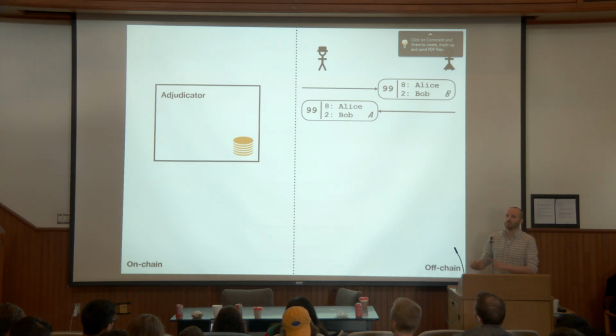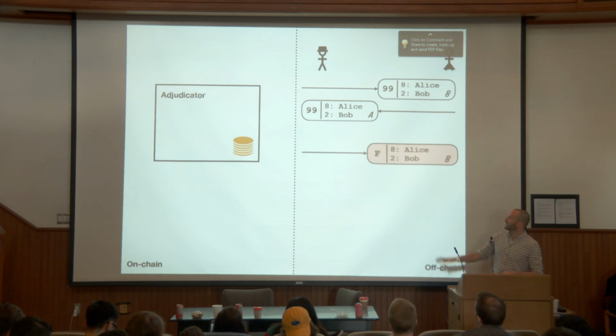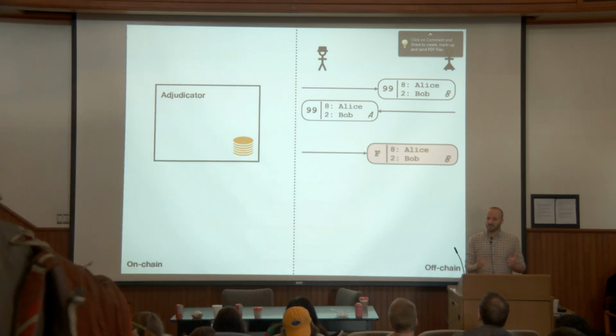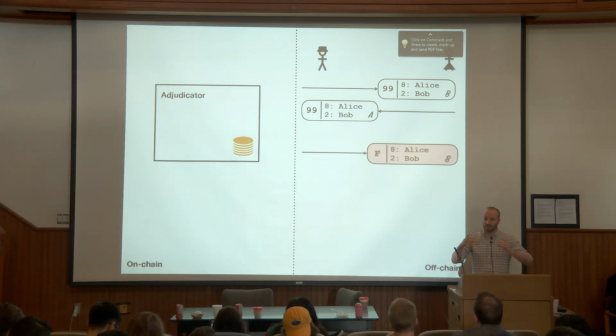Okay, so I've already seen one way that an outcome can get finalized on chain. In that first example, they set the state, there's a timeout. There's typically at least one more way that an outcome can be finalized on chain in a state channel framework, and that is the collaborative close. For the collaborative close, what typically happens is one participant sends a special message to the other participant which says this is the final state of the state channel.